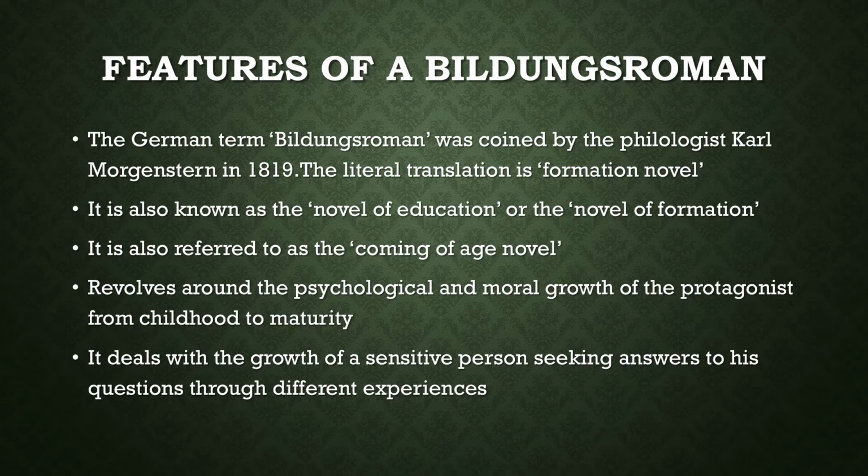The character that we come across when he or she is in childhood is no longer the same when he reaches a mature state, which means that it involves his moral growth as well as his psychological growth.